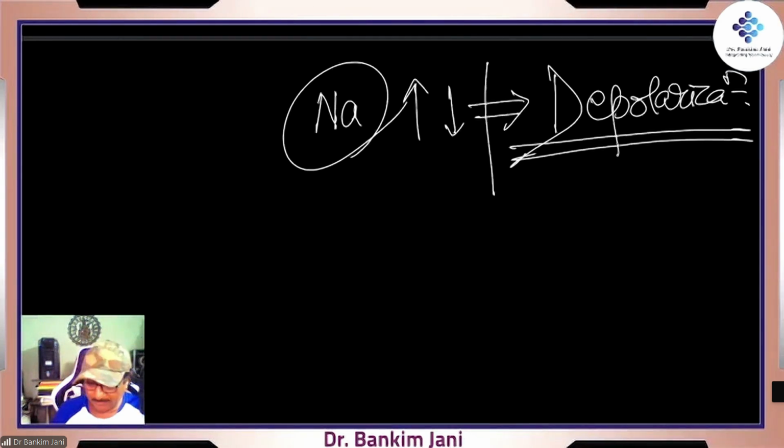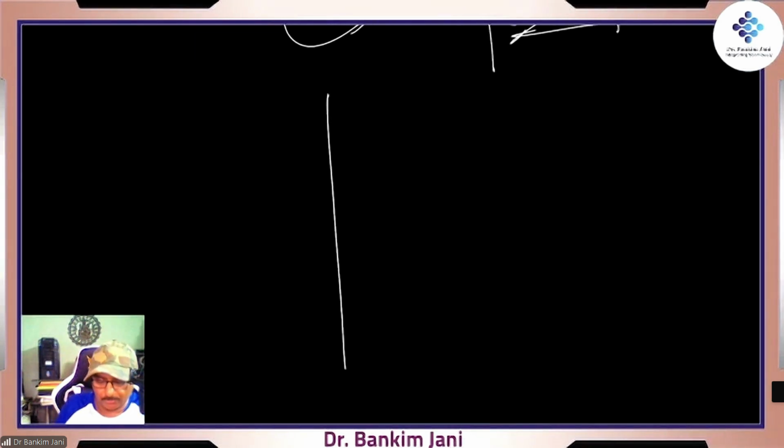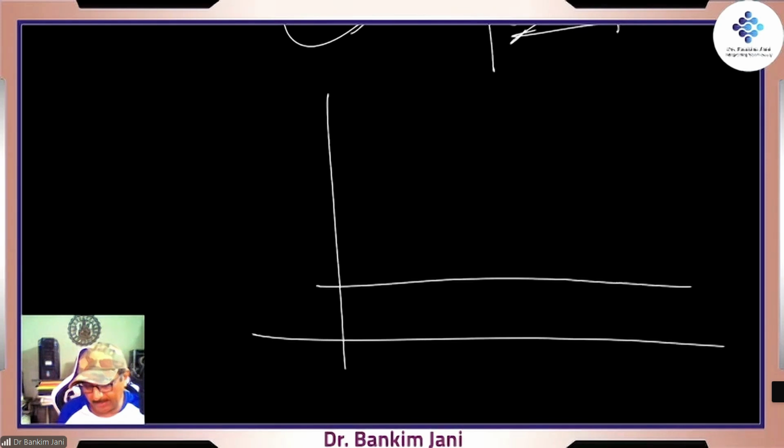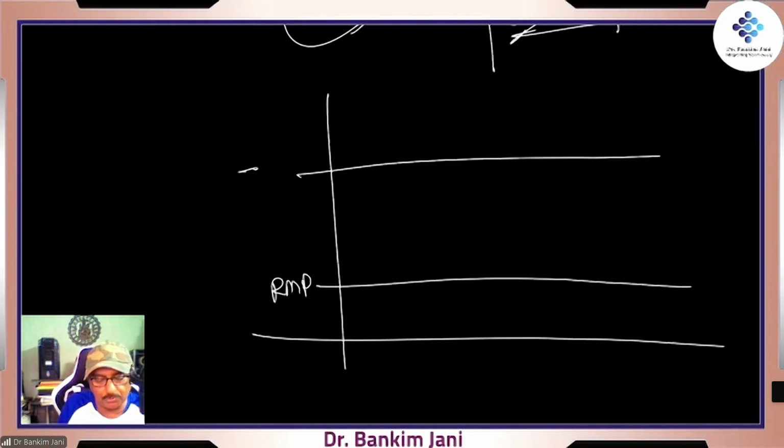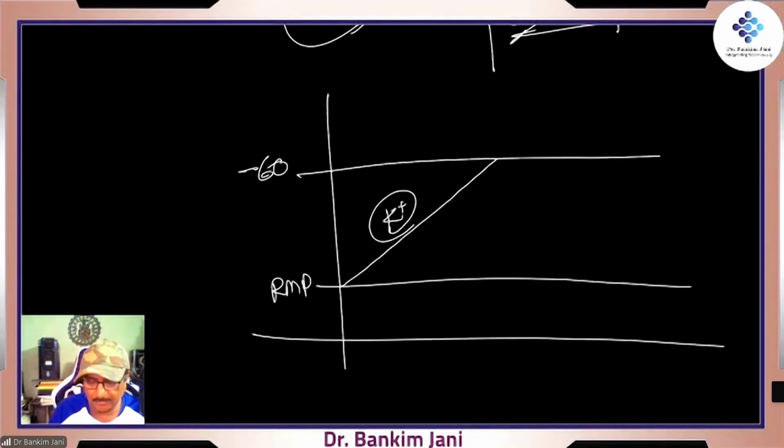Drawing it again, what you were drawing. So this is the resting membrane potential, and this is the level when the sodium would be fired. Sodium will be firing, and then sodium will start making the changes. So this much of the journey is by potassium, and from here the journey is by sodium.